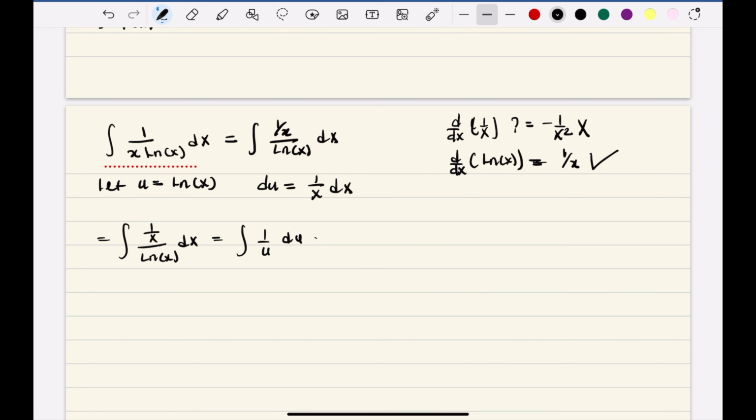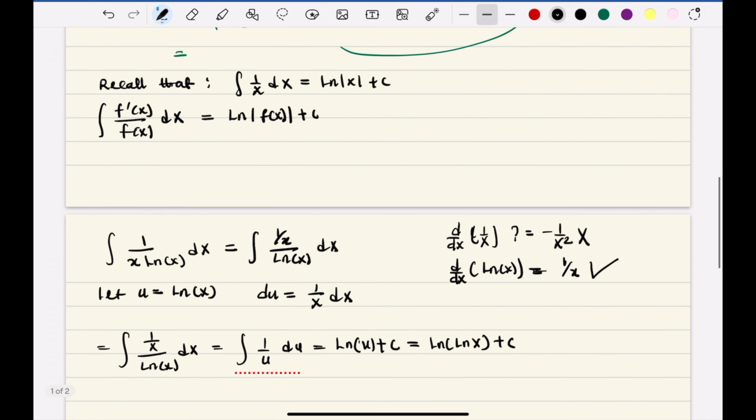And this is exactly, you'll guess it, ln u, plus c, which is going to be ln of ln x plus c, because our u was ln x. You all guessed it. Correct.